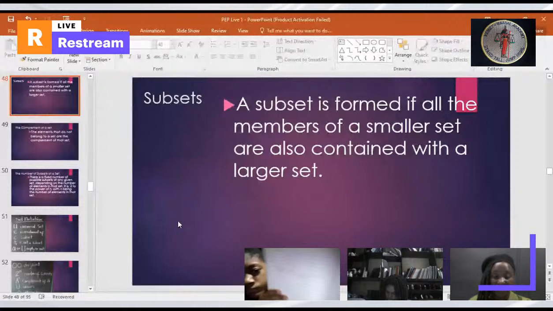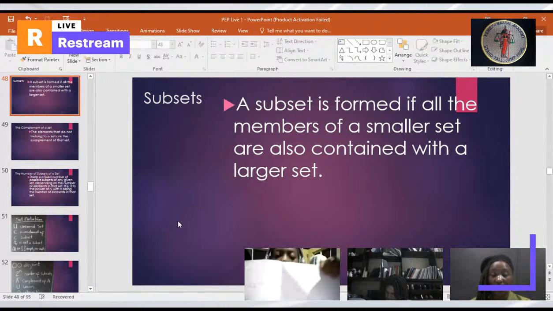Their intersection, where the two sets overlap, or what is common to both sets, would be the smaller one. Because everything that is contained within the smaller one is also contained within the bigger one. So their union is the smaller one. Sorry, their intersection is the smaller one.